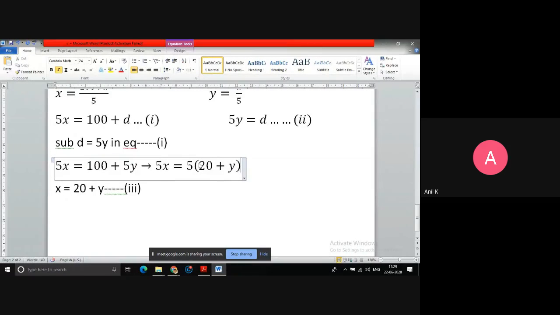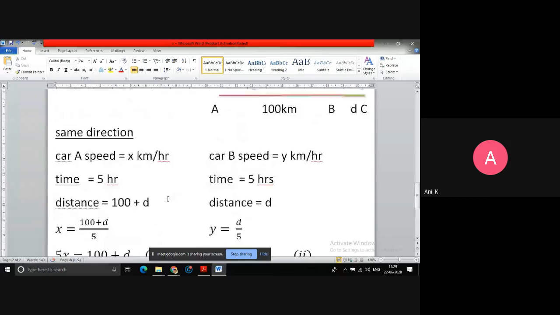I think this step will be understood now. Now this 5 on the left hand side and this 5 on the right hand side will both get cancelled. So we are left with x equals 20 plus y. So I got this equation for when both the cars are traveling in the same direction.